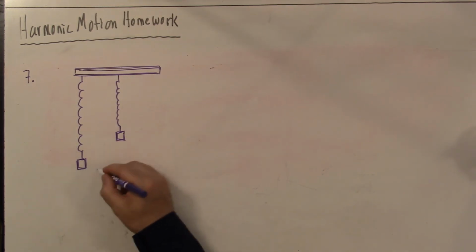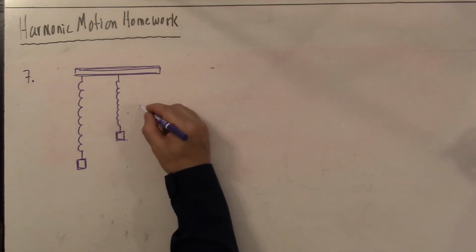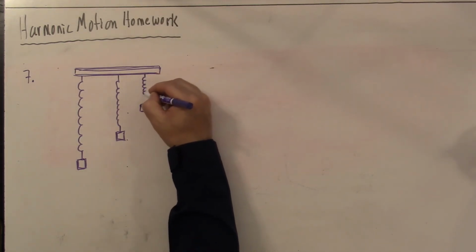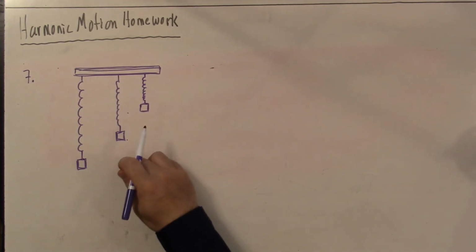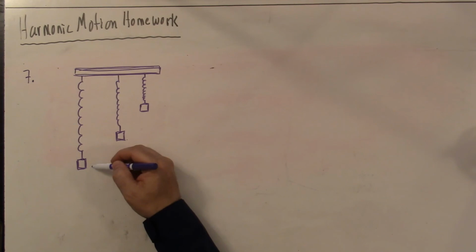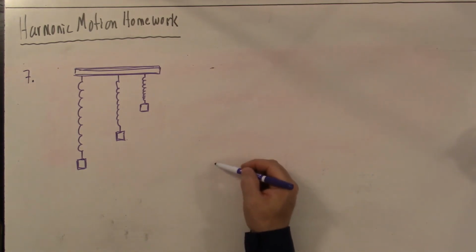And in the third one here, down here it stopped, here it's moving up, here it stopped, and then if we kept going it would be down and then to the bottom.